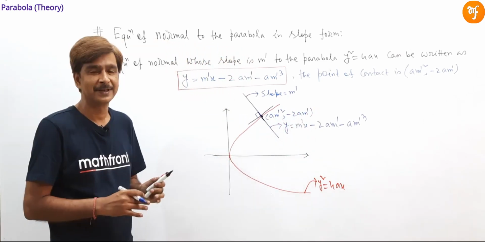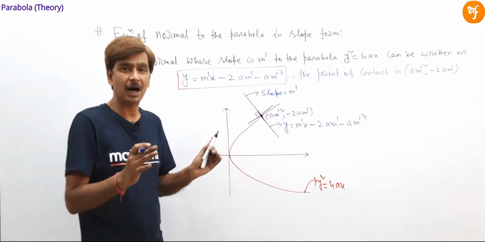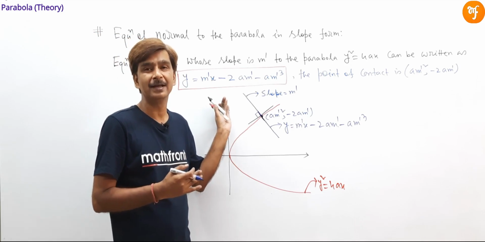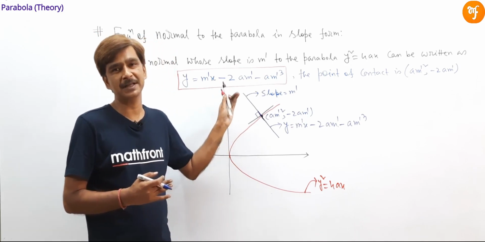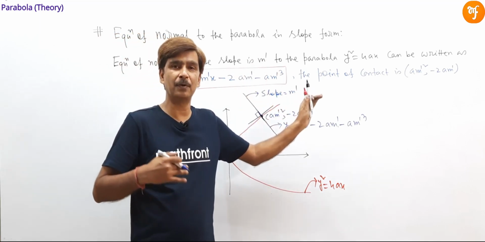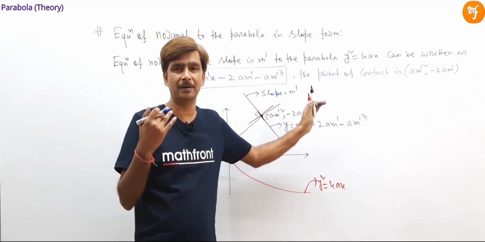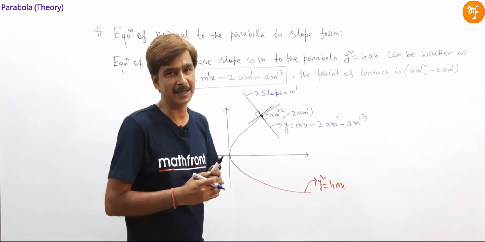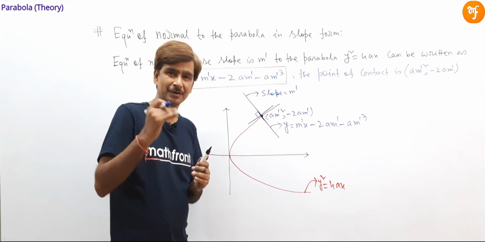Is it clear? So now we are going to prove how the equation of the normal in slope form can be written as y is equal to m dash x minus 2a m dash minus a m dash cube, and how the point of contact in terms of slope can be written as a m dash square comma minus 2a m dash. Okay, so let's look how to prove it.